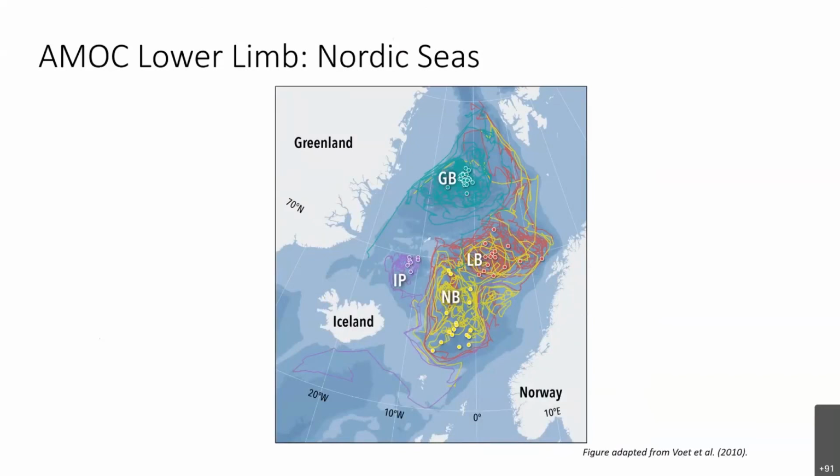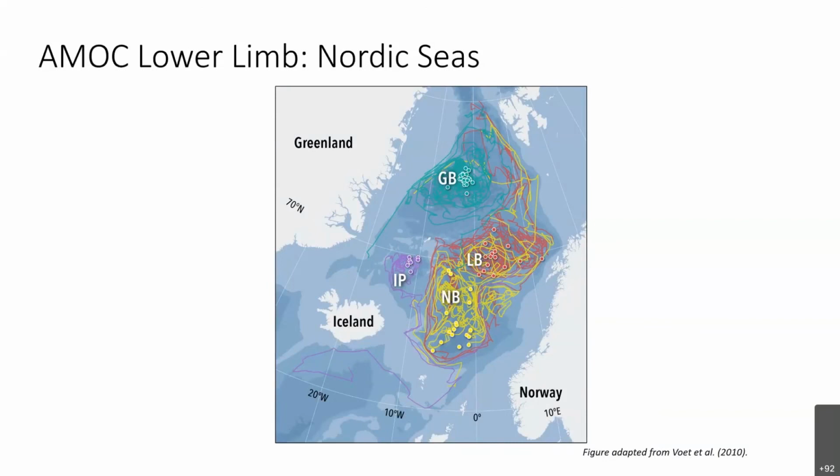But at depth, we have an order of magnitude fewer. Here we have to rely on subsurface profiling floats, such as Argo floats, and the acoustically tracked floats that I described at the beginning, the RAFOS floats. And then, of course, we can still do our simulations. But for observations, we're much more limited in coverage.